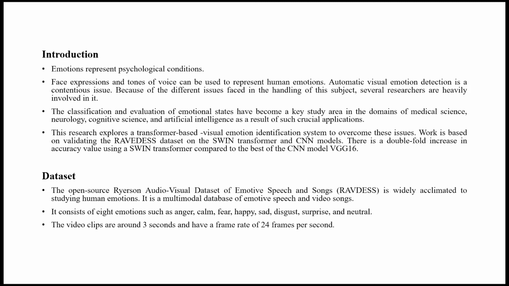The video clips in this data set are around 3 seconds and have a frame rate of 24 frames per second. In this work, we incorporated the visual information, which is a rarely used modality from this data set, due to the difficulties associated with working with videos.